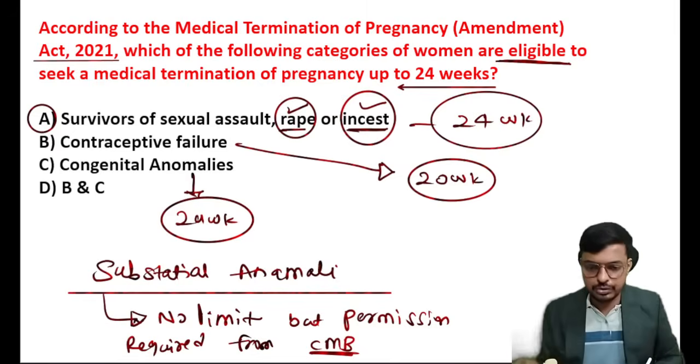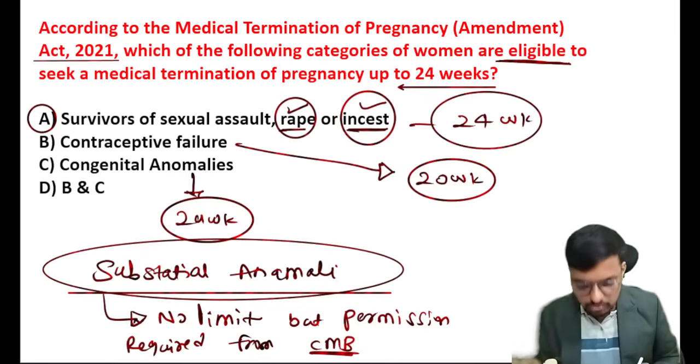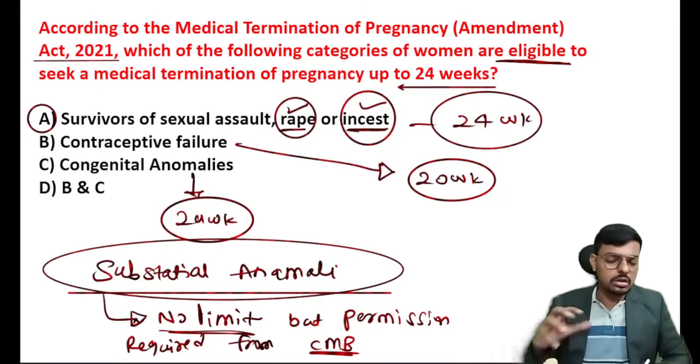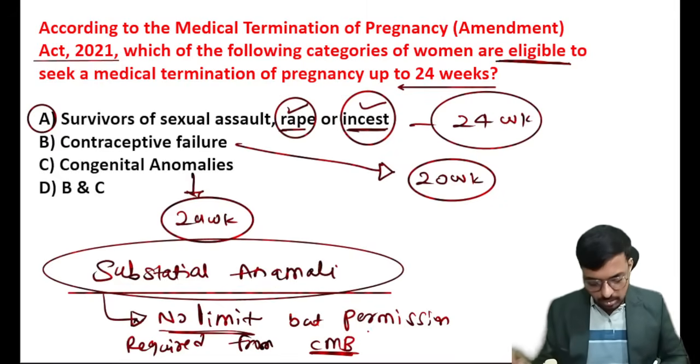Very important, keep in your mind. In the substantial anomaly, there is no limit to do the medical termination of the pregnancy. We can do it till the last day of the pregnancy, but permission is required from the competent medical board.